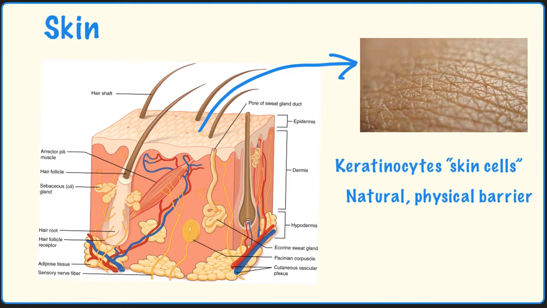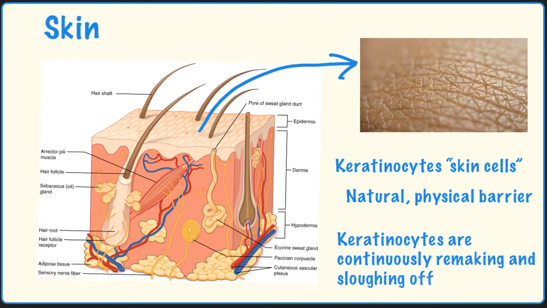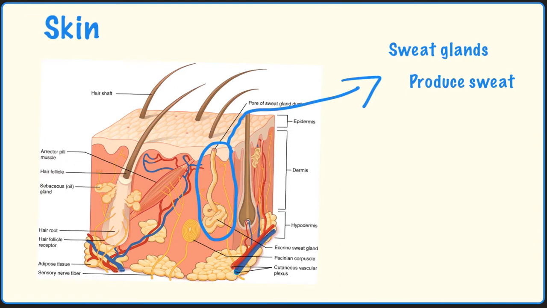Now, obviously, if it gets cut or burnt, etc., we remove some of that physical barrier that we have. Those skin cells also continuously remake themselves and slough off. This allows for the skin to clear itself of any bacteria on the surface. The sweat glands produce sweat, which goes onto the surface of skin, and this allows for an acidic pH on the skin surface, which also prevents bacterial growth.